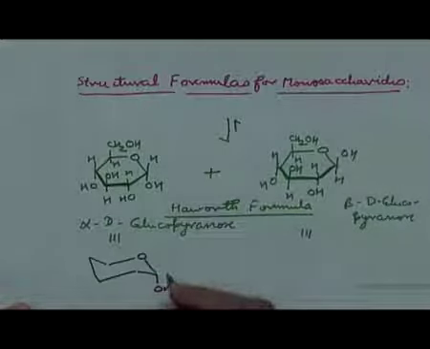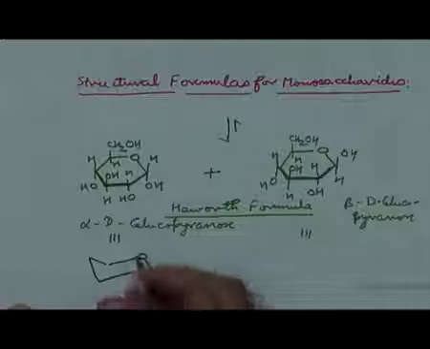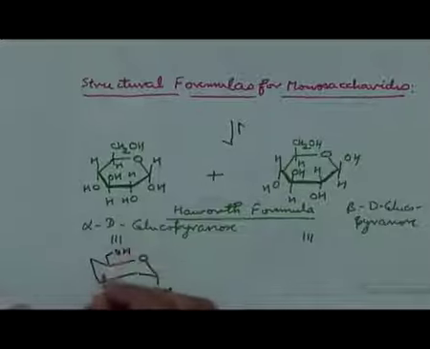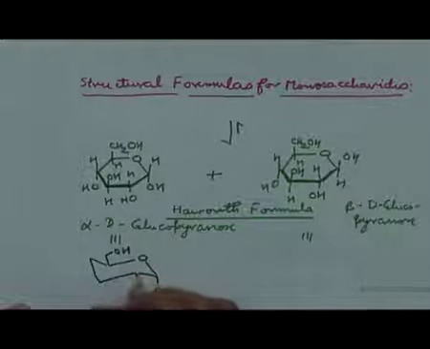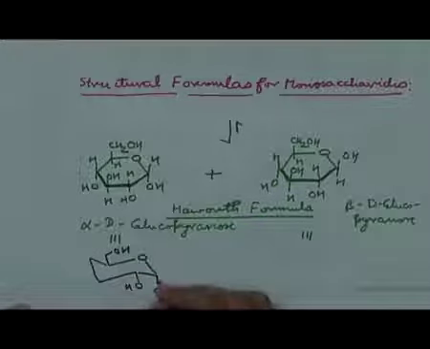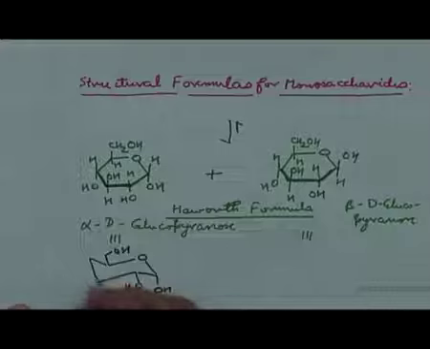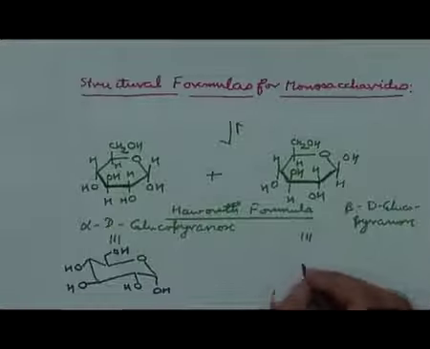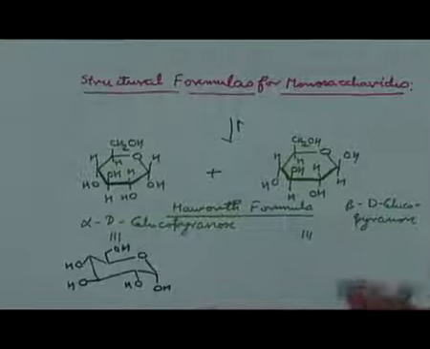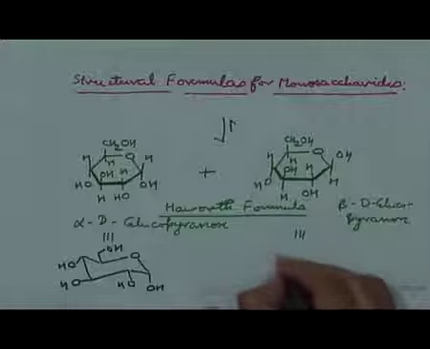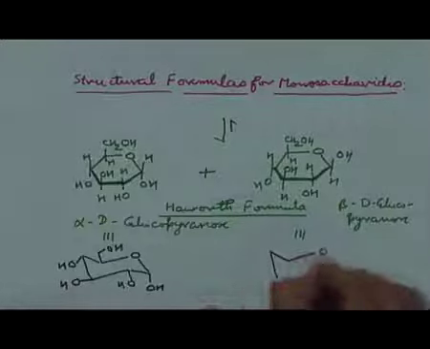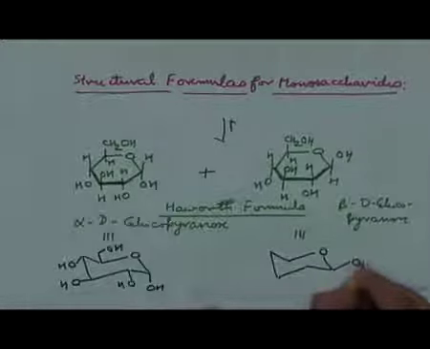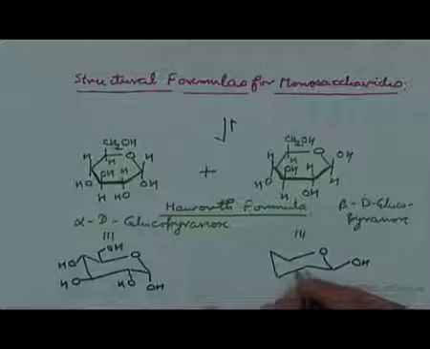In the alpha D glucopyranose, hydroxyl is axial at the first carbon, and in the case of beta D glucopyranose, it is equatorial.